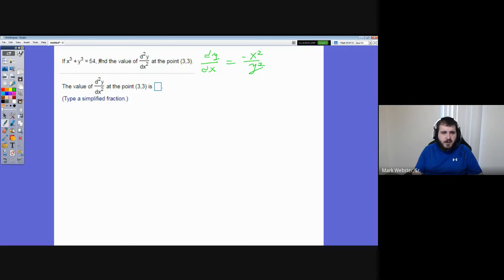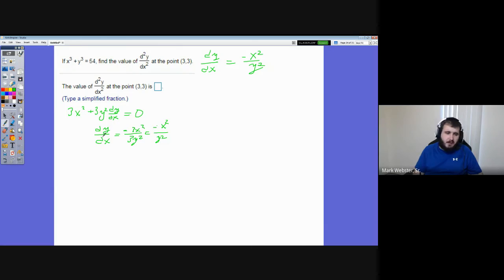Take the derivative of each piece: 3x squared plus 3y squared dy over dx equals 54's derivative, which is 0. Subtract the 3x squared, divide by 3y squared. And that is, in fact, once you simplify, negative x squared over y squared.